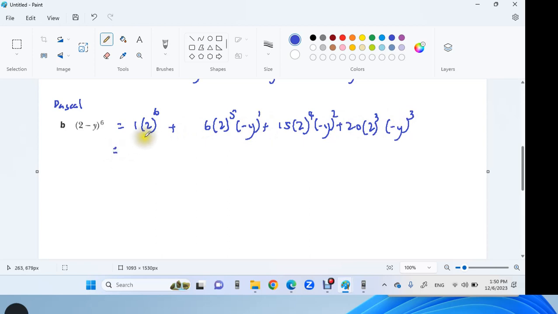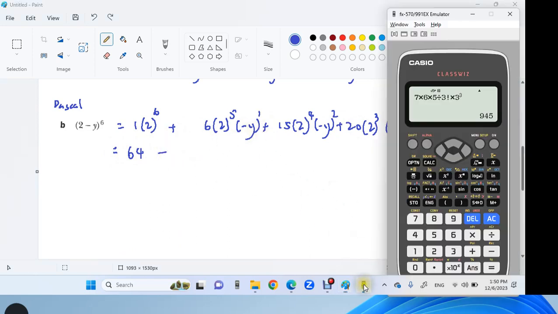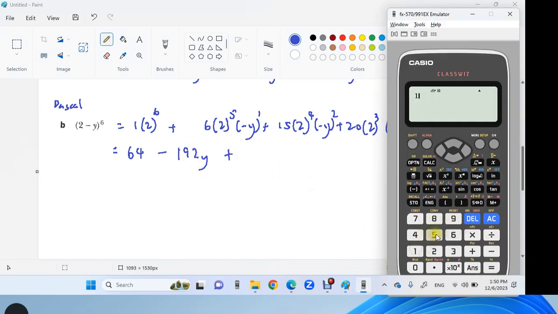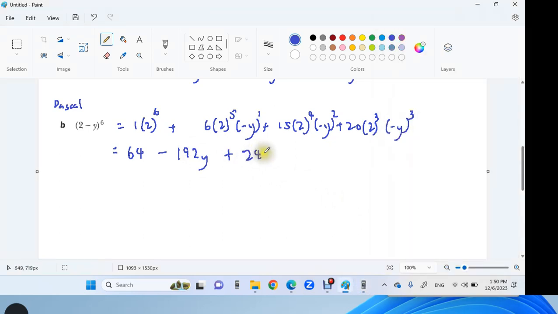Okay, so 2 to the power 6 is 64, plus, this will be minus already. 6 times 2 to the power 5, 192y. Plus, this one is 15 times 2 to the power 4, 240y squared.